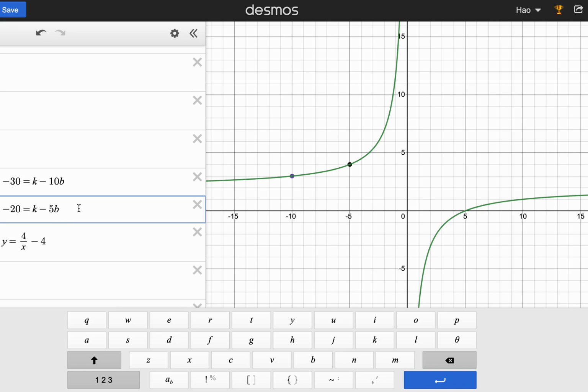Then we just subtract them. Using the equation above minus the equation below, you can get -10 equals -5b.